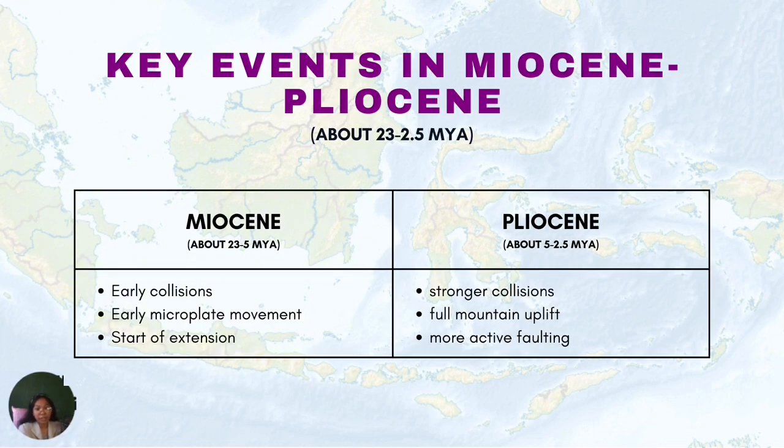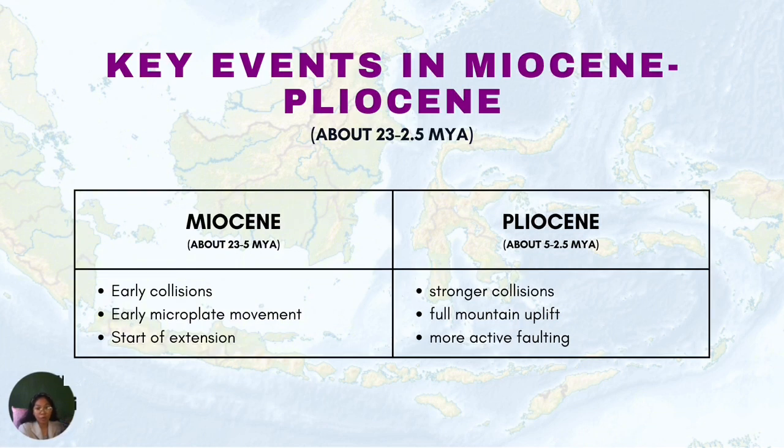Moving into the Pliocene epoch, from roughly 5 to 2.5 million years ago, the tectonic activity intensified. The region experienced stronger compressional forces leading to the uplift of major mountain belts across parts of Sumatra, Java, and Sulawesi.